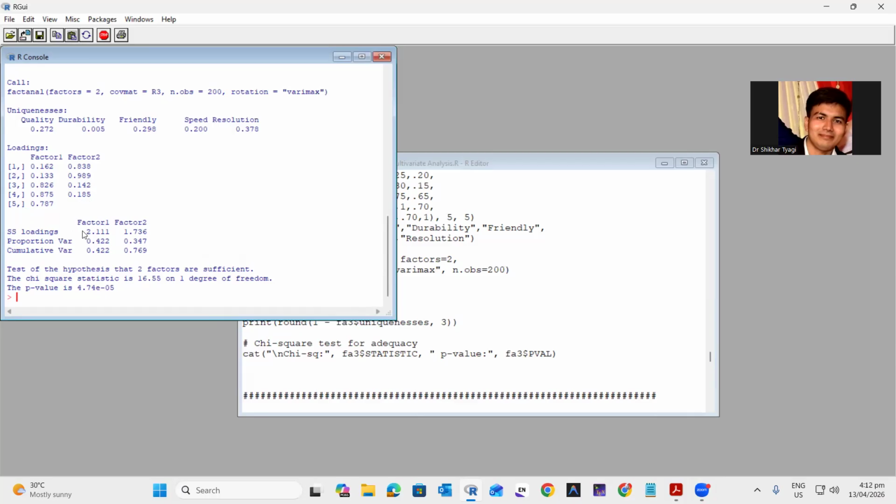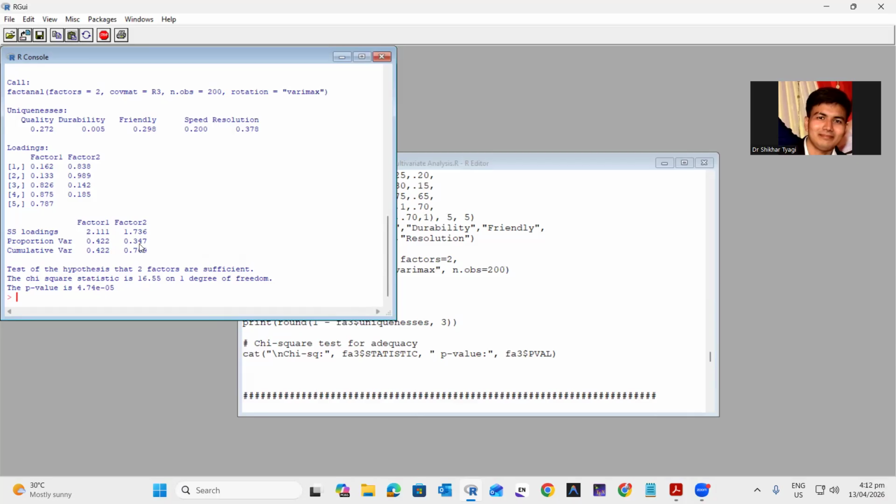After that, you have the SS loadings, which means the sum of the squared loadings for each factor. It tells how much variance each factor explains. For example, for factor 1 it is 2.11. A higher value means that the factor explains more total variance. The proportion of variance is given as 0.422 for factor 1 and 0.347 for factor 2.